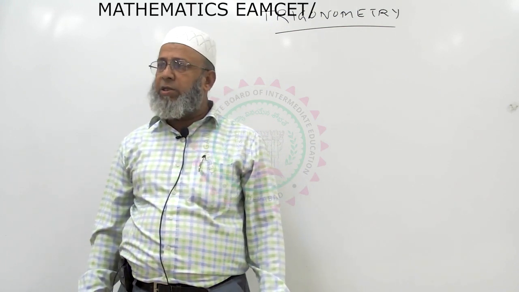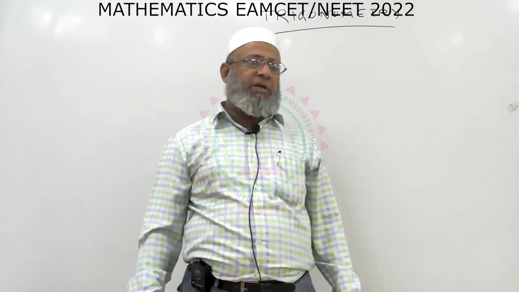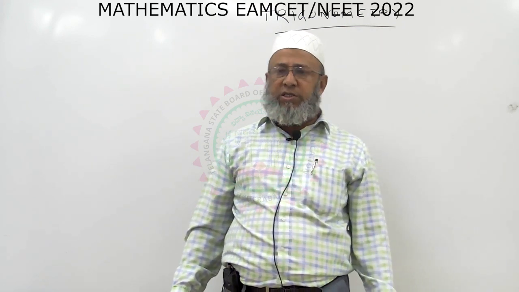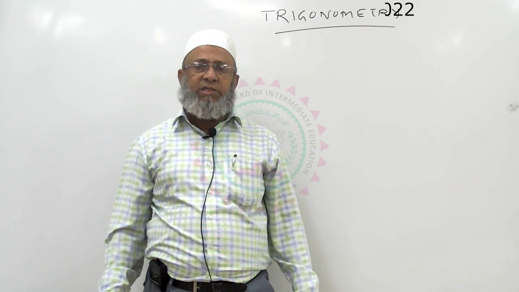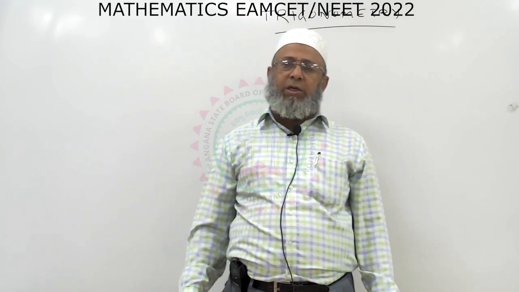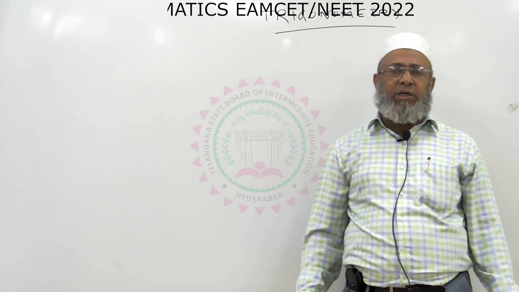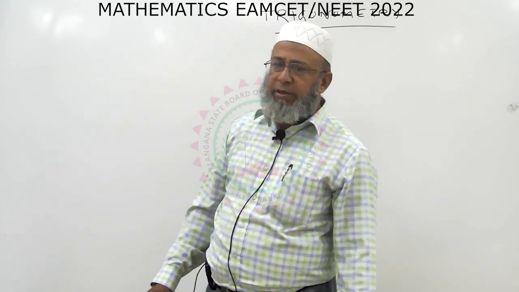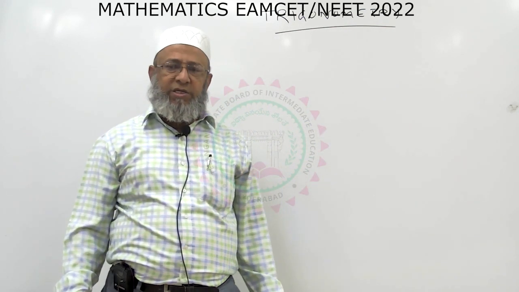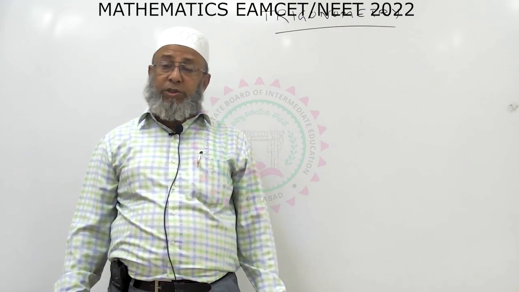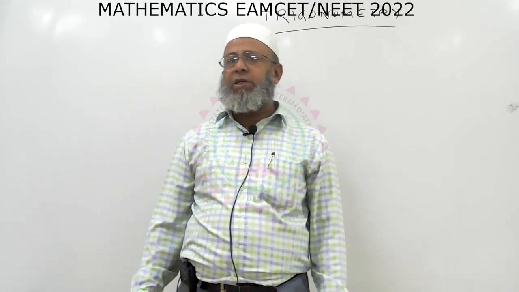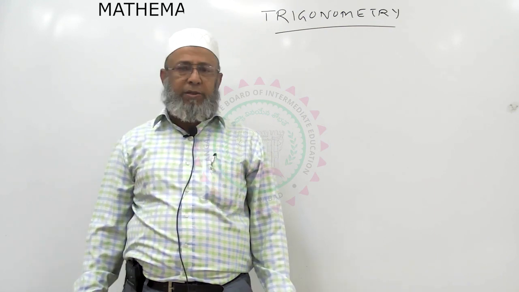All of you have studied the basic fundamental formulas and you are very perfect in all these formulas. What are the basic functions of trigonometry? There are 6 trigonometric functions, that is sin theta, cos theta, tan theta, cot theta, sec theta and cosec theta. Then you know that sin theta is equal to 1 by cosec theta, cos theta is equal to 1 by sec theta, tan theta is equal to 1 by cot theta.